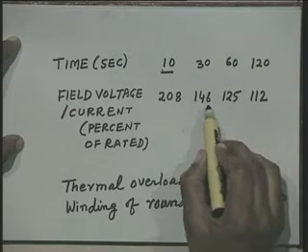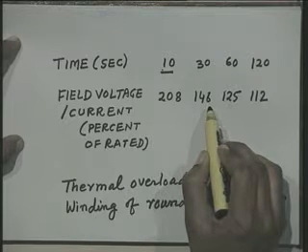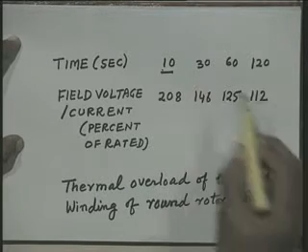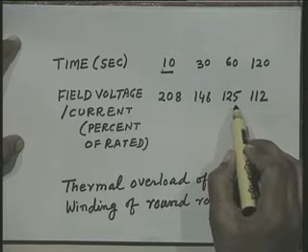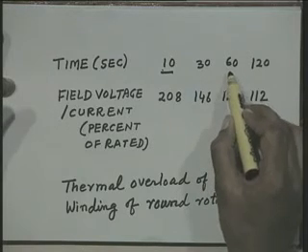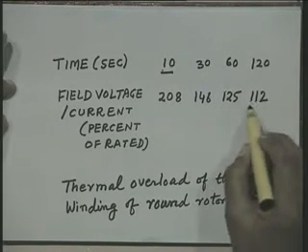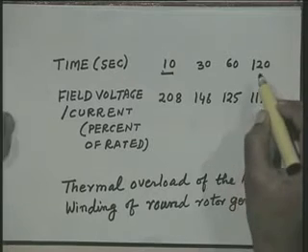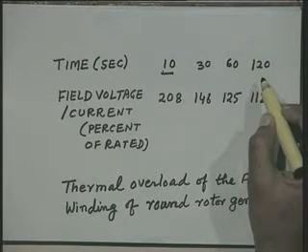If it is 146%, it can withstand for 30 seconds. If it is 25% more than the rated value, it can withstand for 60 seconds, and 12% more than the rated value can withstand for about 2 minutes, that is 120 seconds.